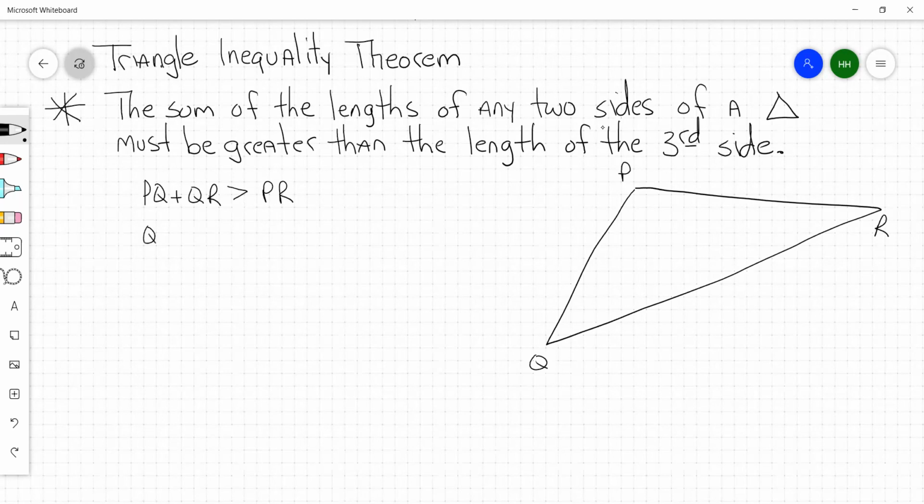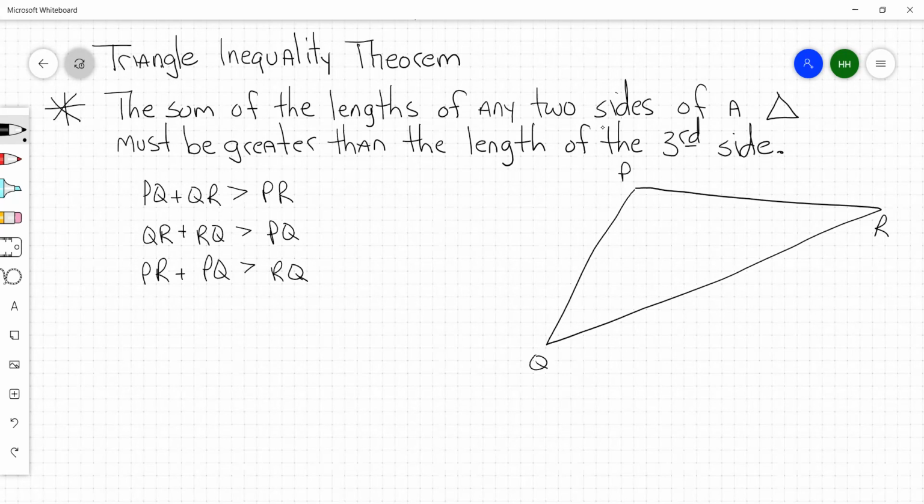And that side QR plus side RQ must be greater than side PQ. And side PR plus PQ must be greater than RQ. In order for that shape to be a triangle, those three things have to happen.